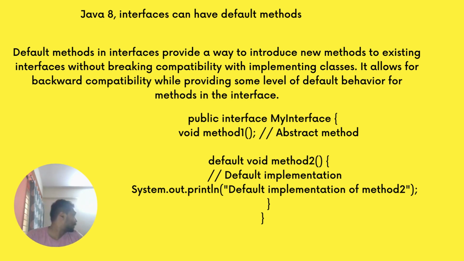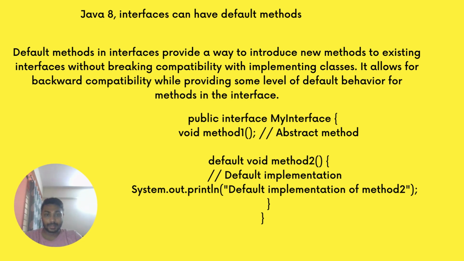Then we have a default method, default void method2. So here we have a main interface, MyInterface, and we have taken a void method as an abstract method, like an existing interface, without breaking the compatibility of the implementation class.